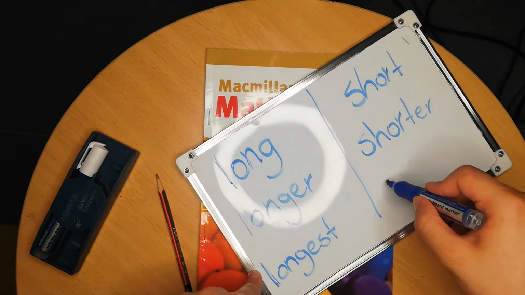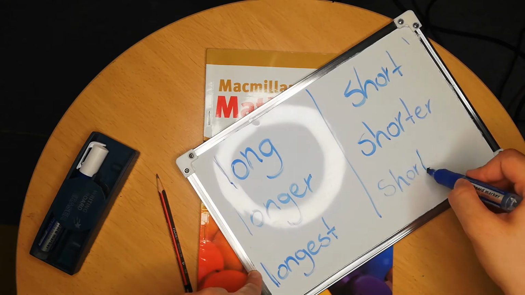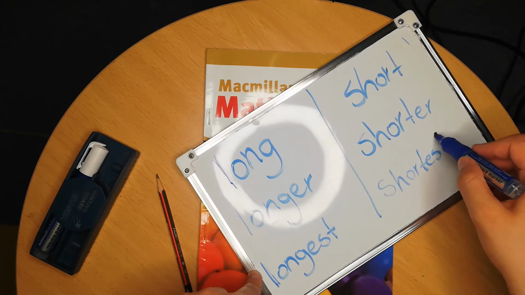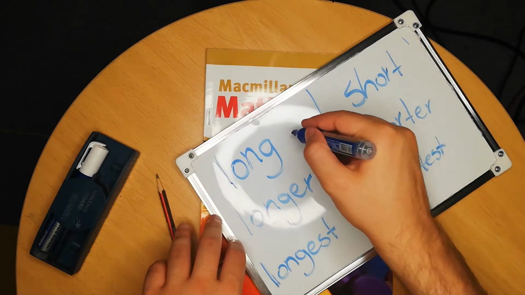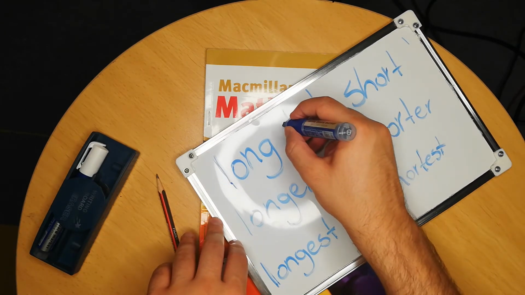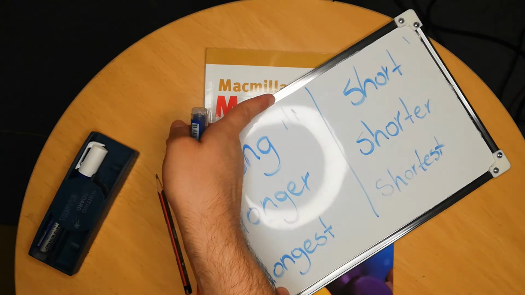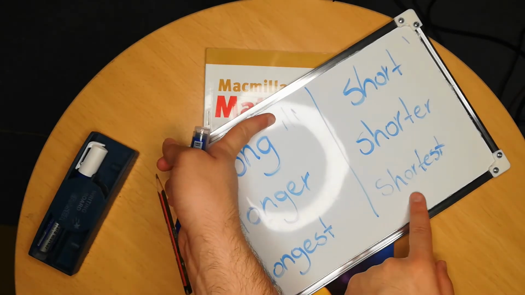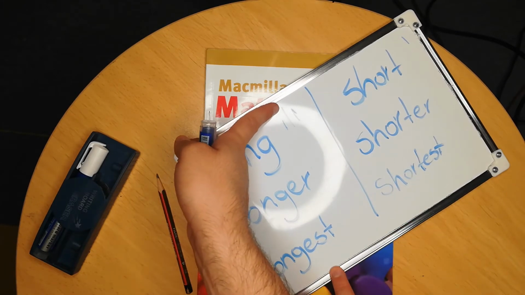And then shorter and shortest. And this is when we have like 3 or 4 things, like here. This is the longest, and this is the shortest. Okay, so here, shortest, longest.